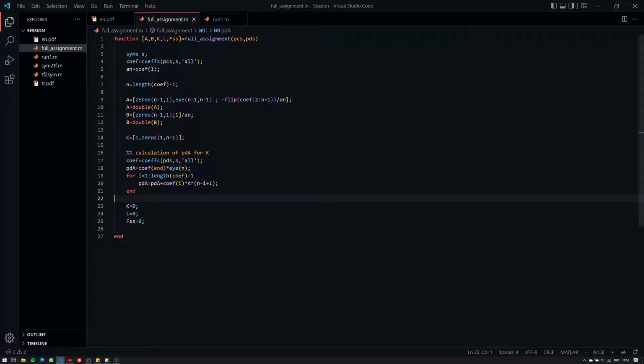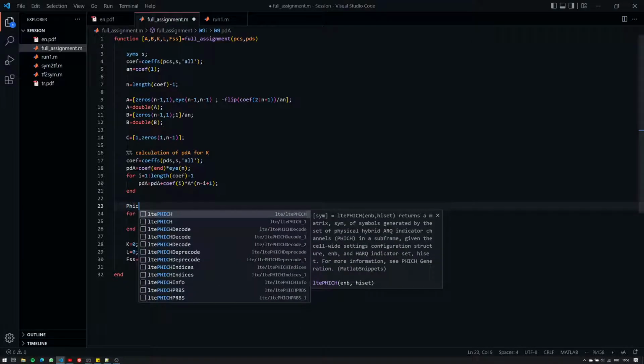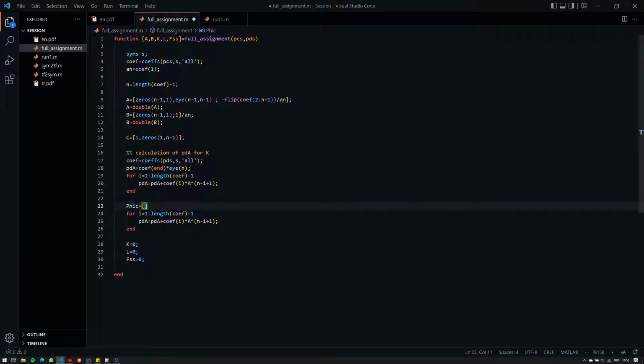Another thing that is necessary in order to design a state feedback controller is basically the controllability matrix. Now we will have a similar code here, so let me just copy this. Here we'll have phi c, and let's start with basically B, because it always starts with B. And we will go up to n minus 1 here.